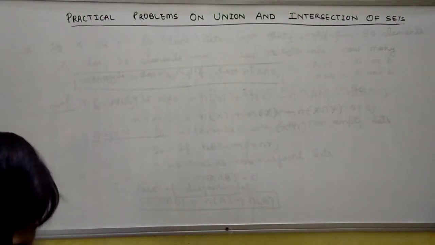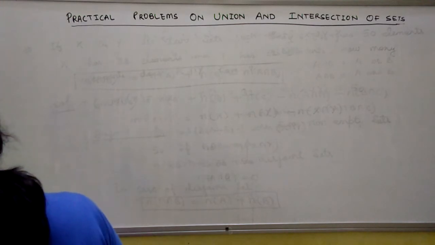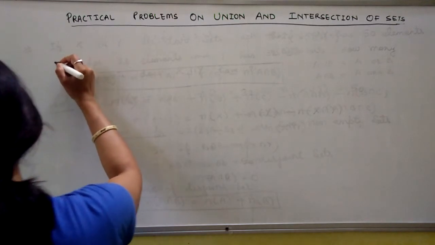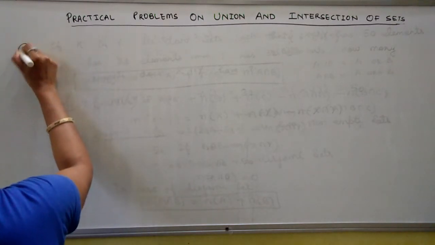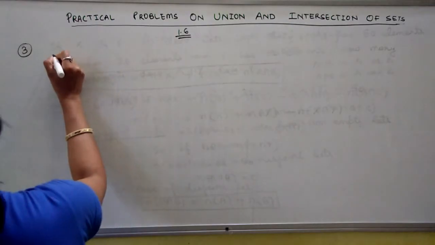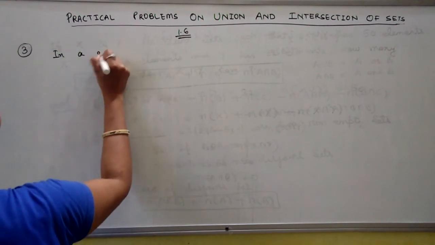The question is: in a group of 400 people. This is the third question of your exercise.